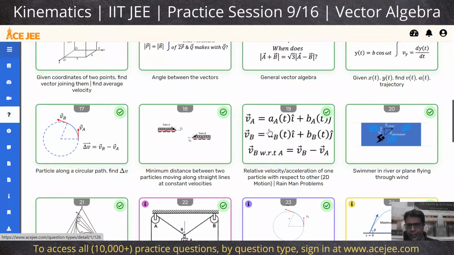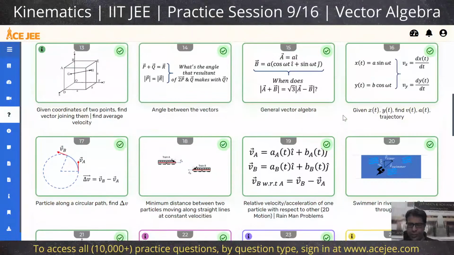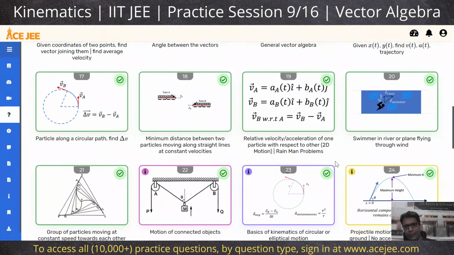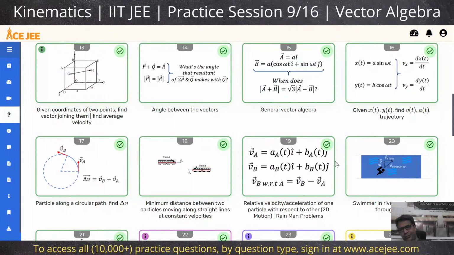So be ready for it. Make sure that you guys are sharp during the class and you will have tons of fun. And we very well might include number 20 as well. So let's target from 16 to 20. Okay, 16 to 20. So 5 question types we're going to cover tomorrow.